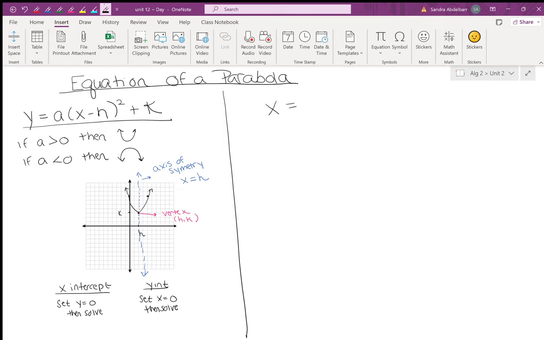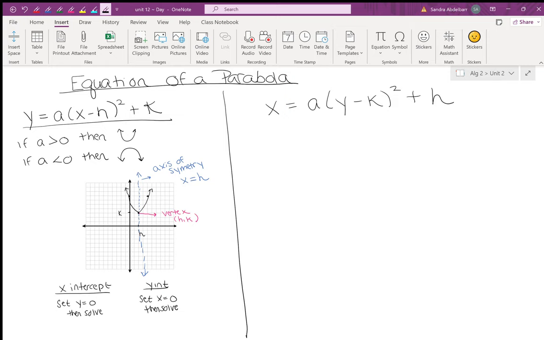X equals a times y minus k squared plus h. So, in terms of our equation, a couple of things have shifted. Our a is still our a, still in front. Instead of y equals, it's now x equals. And then what else has changed?